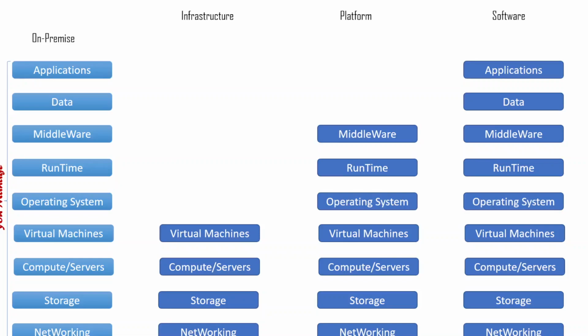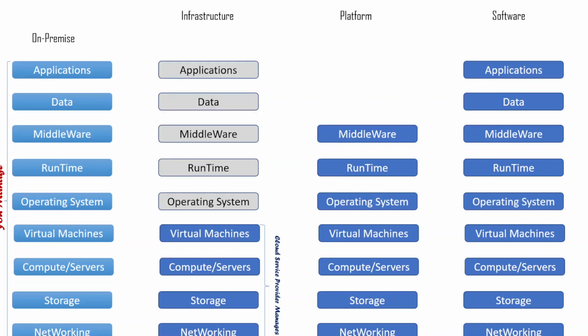And now the infrastructure part of it: if we are taking the subscription to a cloud service provider and leaving it to the cloud service provider to manage the infrastructure, while the rest of the part you keep managing yourself, we will call it infrastructure as a service. So here we need not install the storage devices at our premises.